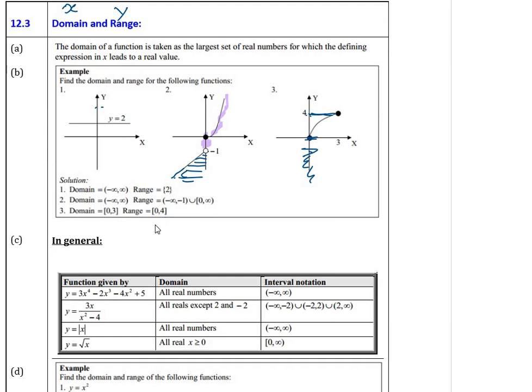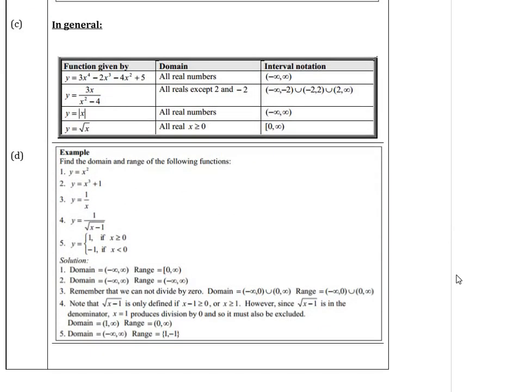Range is always the answers, the y coordinates. Now, remember we always look at our mother graphs. So in general, if I have a polynomial, just a normal polynomial, there's absolutely no restriction on the domain. Here we just look at the domain for the moment. So it will be minus infinity to infinity.